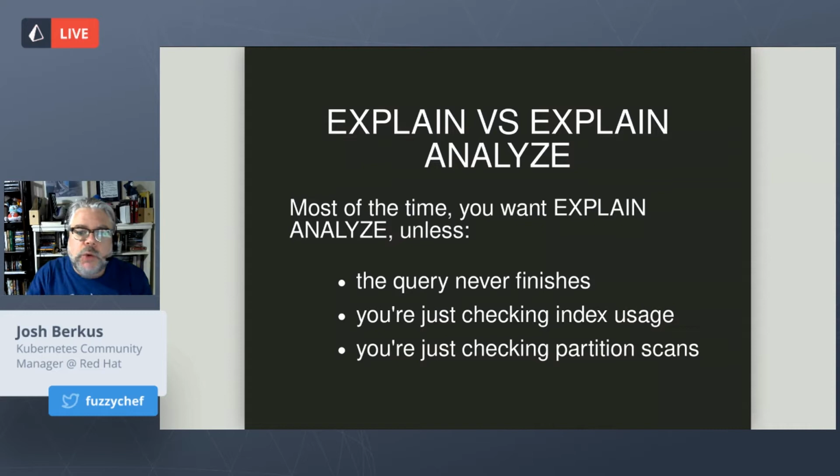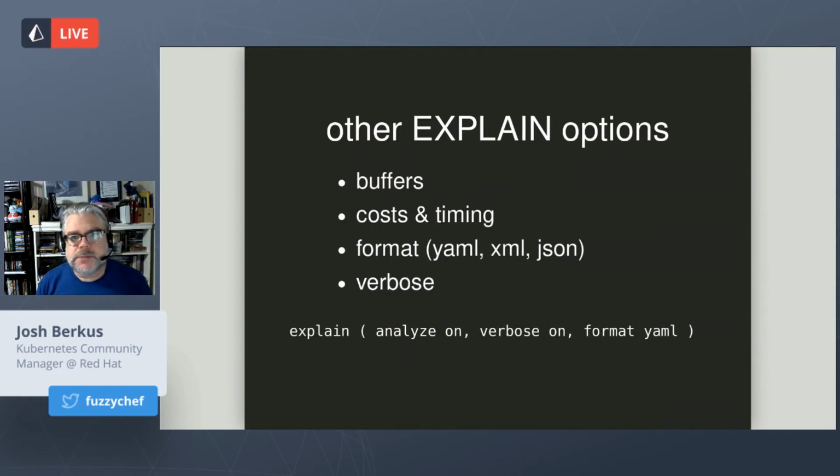The only reason why you wouldn't use analyze is either the query takes literally forever, you're just checking whether or not the new index you created is going to be used, or if you have a partition table, you're checking whether or not Postgres is correctly making use of the partitioning to only access one partition instead of the entire giant data warehousing table. So most of the time, you're going to want to use explain analyze in Postgres.